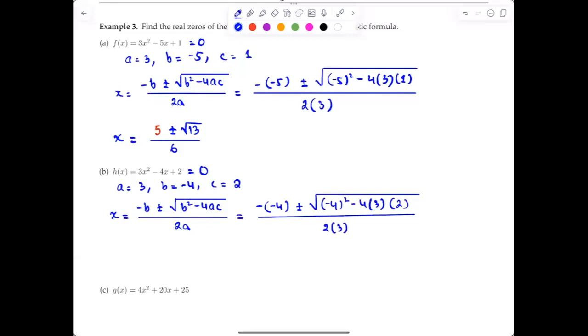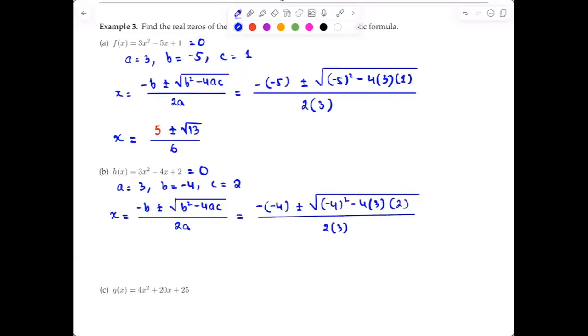So now can you calculate the number in the square root? What's that equal to? Negative 8. It should be a negative number anyway.